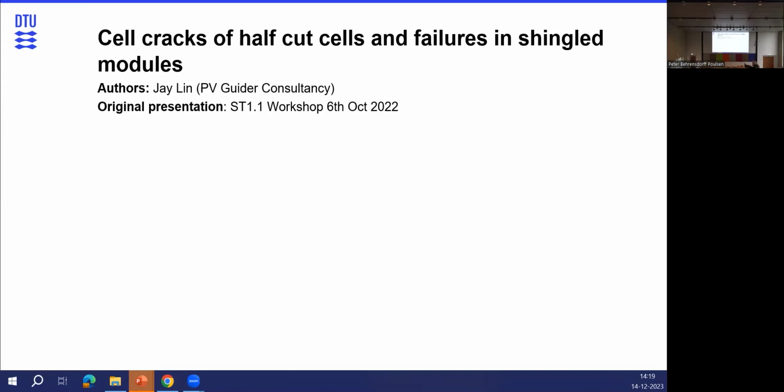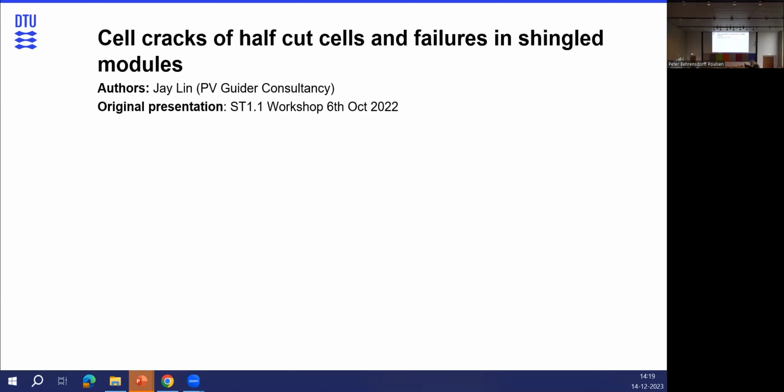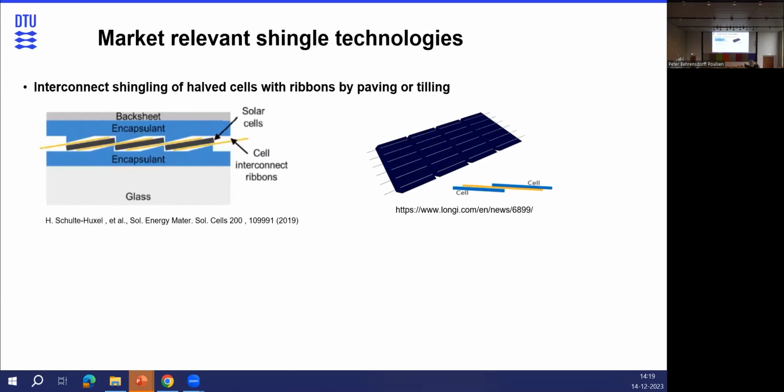Another interesting failure mode, this is work done by Jalen, is cell cracks in the newer types of cells and module technologies that you have. And this is kind of a combination between half-cut cells and shingled modules. Shingled modules can be done in different ways.